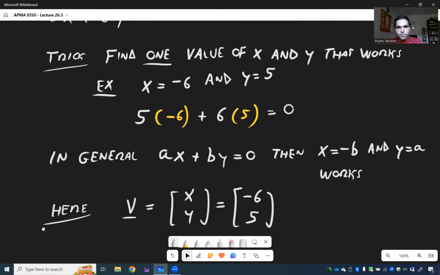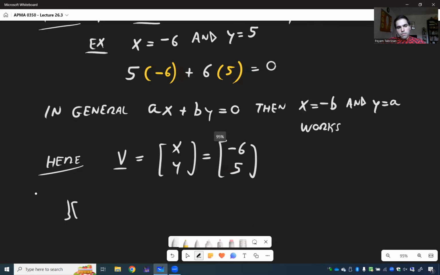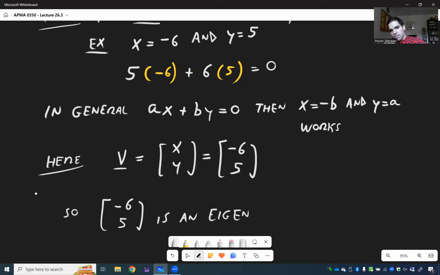So (minus 6, 5) is an eigenvector for lambda equals minus 4. And next time, in the next video, we'll see how to combine our two answers to get something interesting.